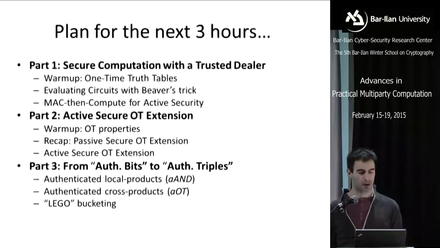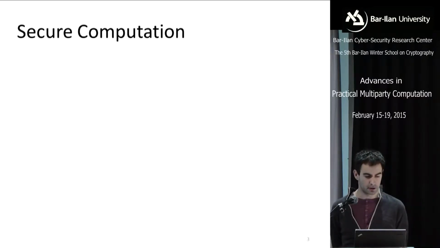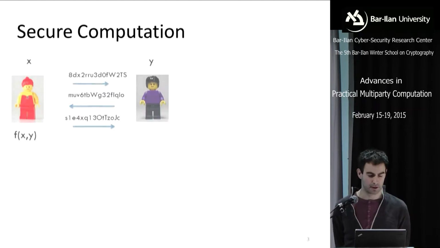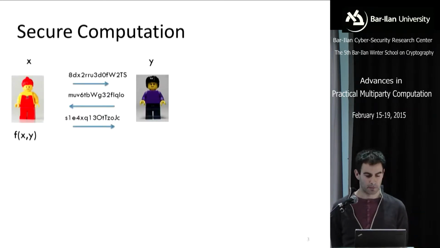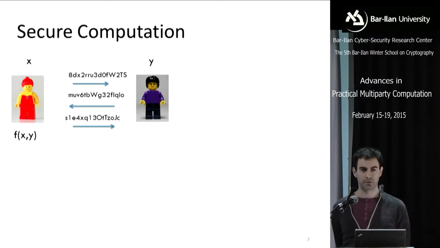All right. So let's start with the beginning. Once again, what is secure computation? Secure computation is this funny area of research in cryptography, where we run protocols between Alice and Bob, where Alice has an input X, Bob has an input Y. They do some gibberish things. They exchange some cryptographic messages.